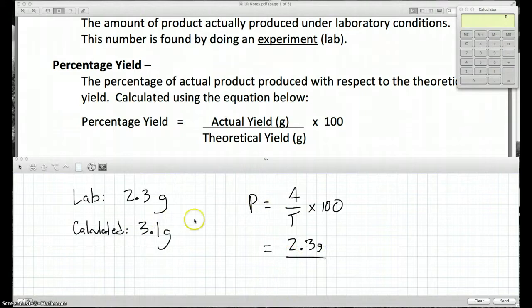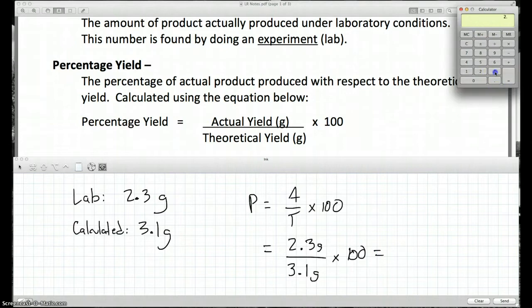Theoretical is what you calculate, what it should be: 3.1 grams, times 100. So 2.3 divided by 3.1 times 100.